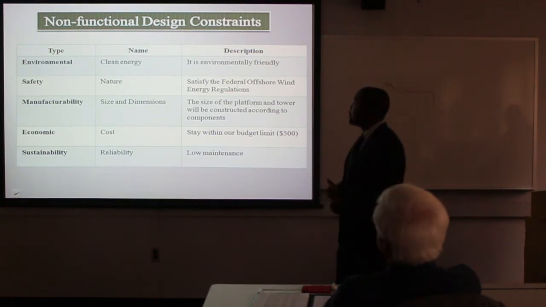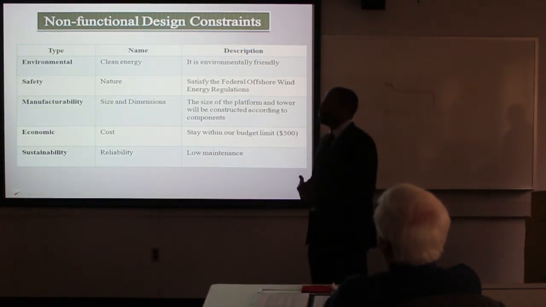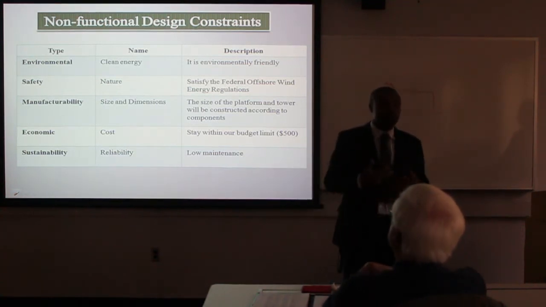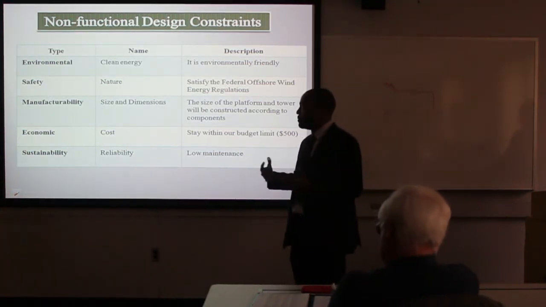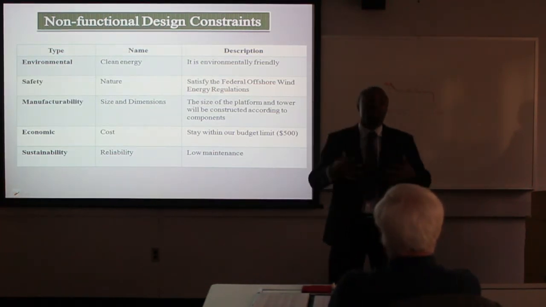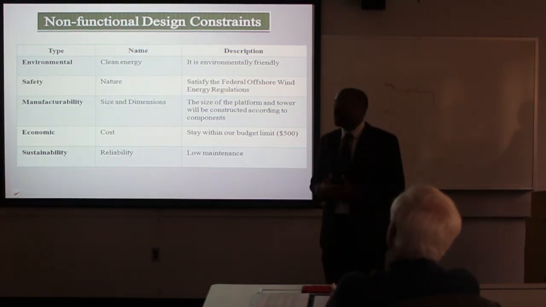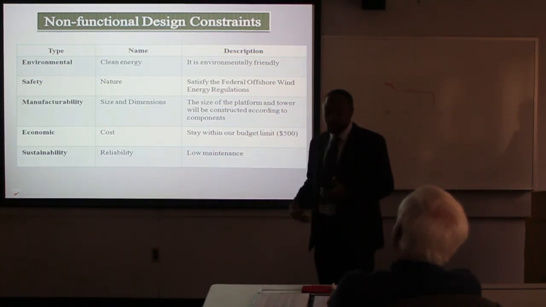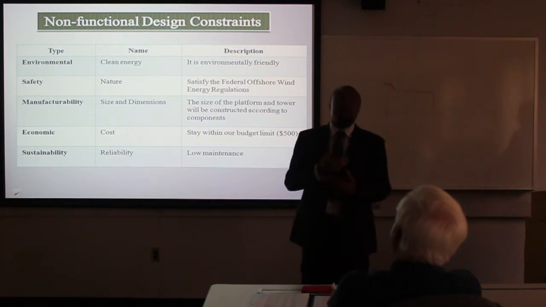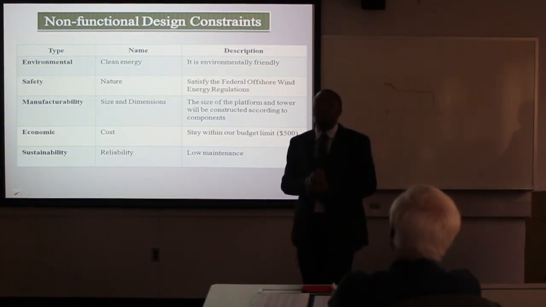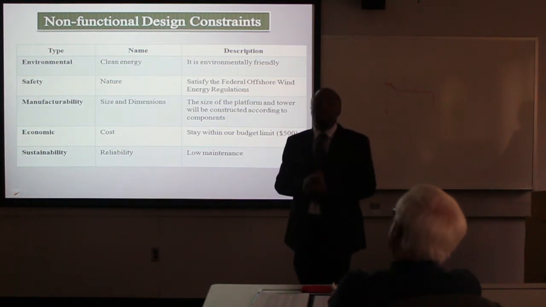Now, regarding design constraints, we are dealing with renewable energy, so the first thing to think about is being environmentally friendly. Our design does this by not using so much material and by being offshore. I forgot to mention that one of the great problems with onshore wind turbines is the disturbance created by the blades.